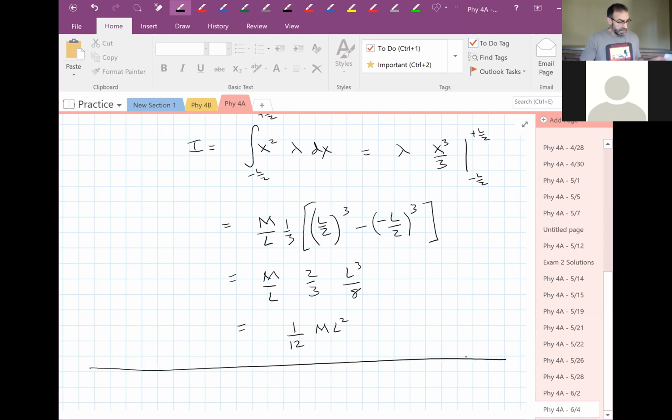All right, we will do more of these, but let's switch gears and think about rotational kinetic energy. We talked about rotational kinetic energy last time. We have a formula now. The rotational kinetic energy is 1/2 I omega squared. And we can use that now.